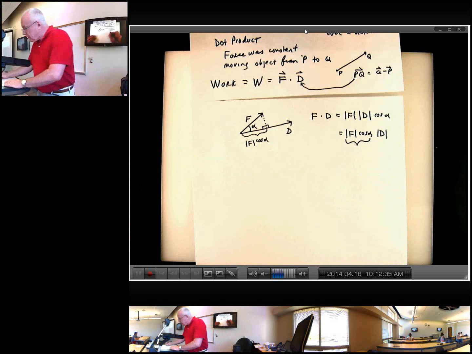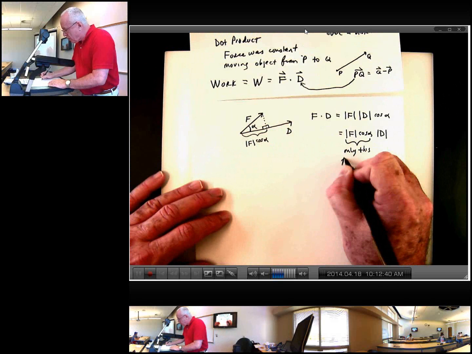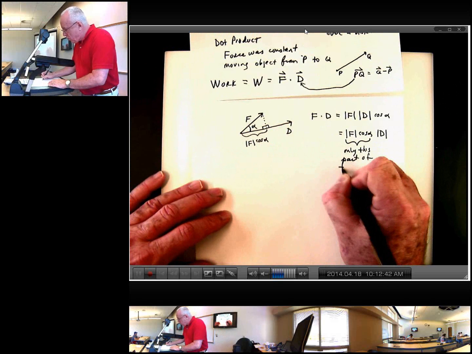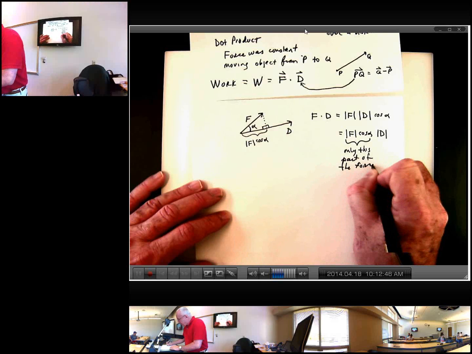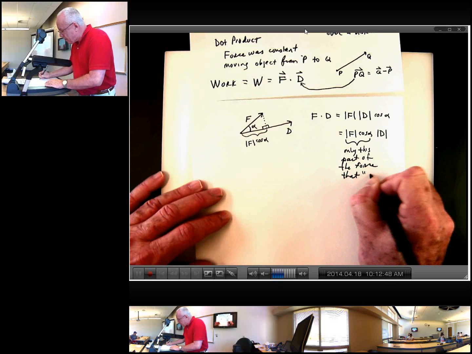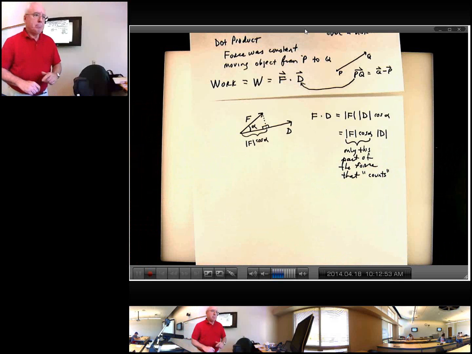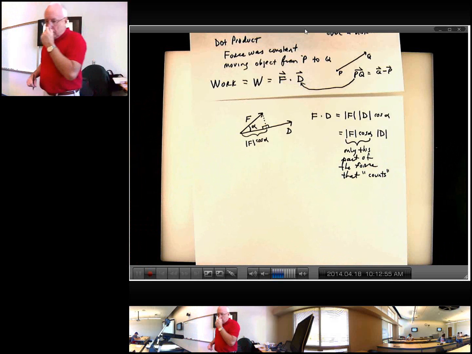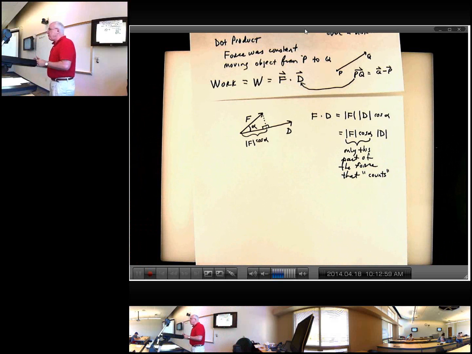So it's only this part of the force that counts in the work that we do. The other part of the force is going at a 90-degree angle.